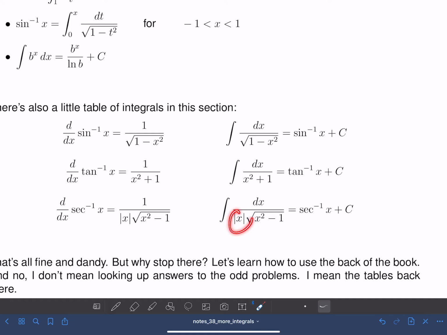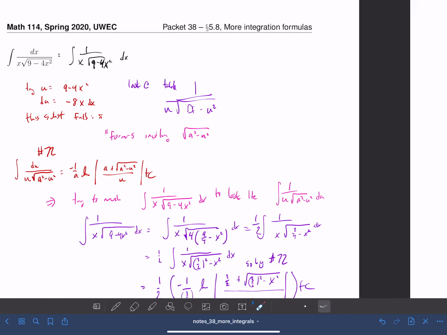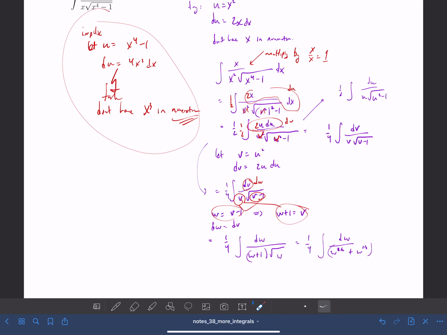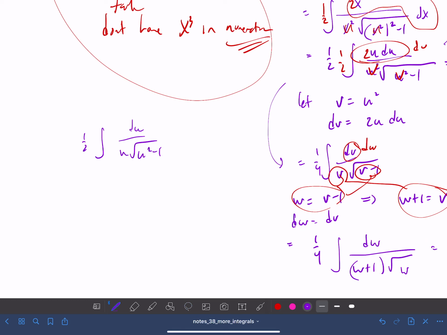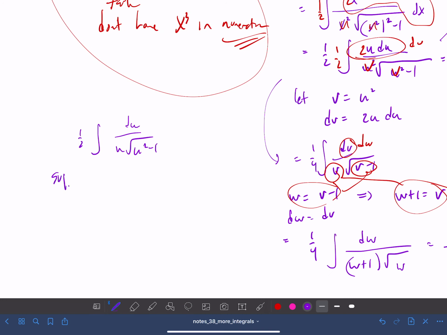So if I have that abs x there, which I don't in this problem, but I'm so close, then I have this. So if I take this right here, and I suppose that u is bigger than 0, then the absolute value of u is equal to u.